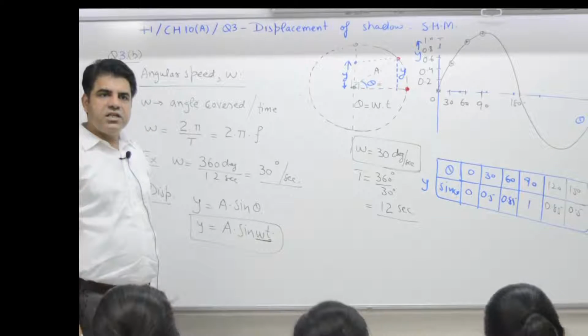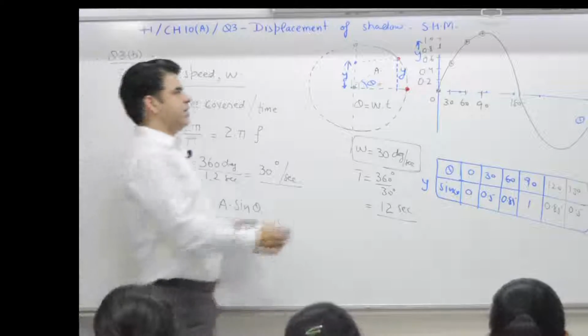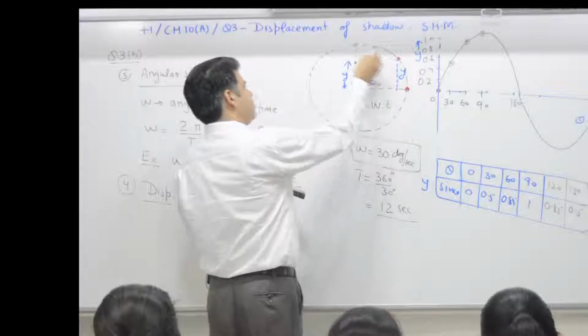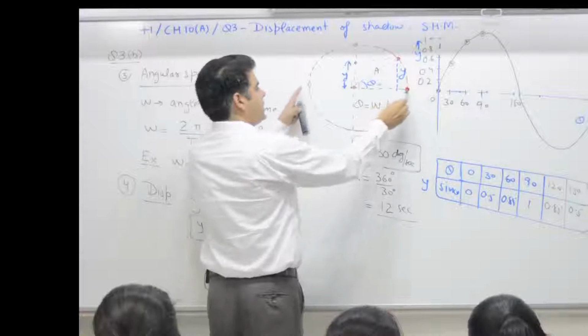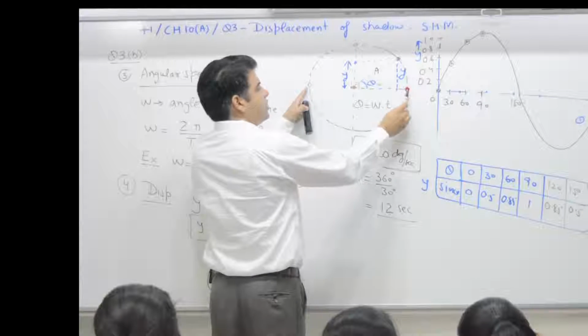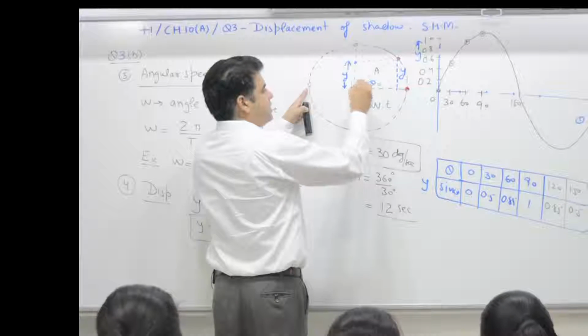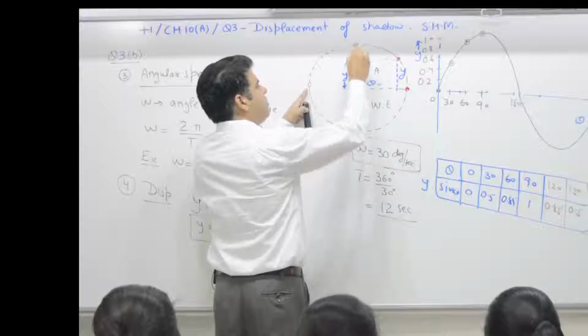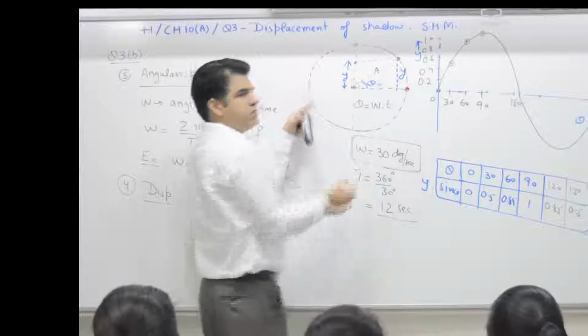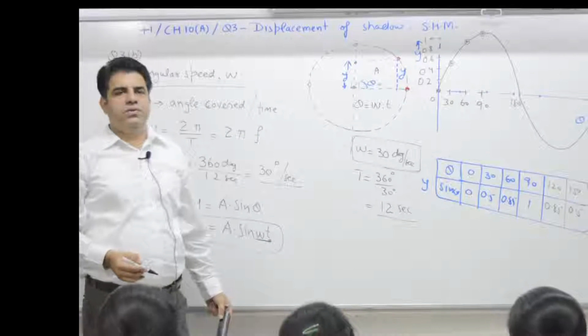In a circle, displacement has a different meaning. If the particle is at this position, it has reached the diametrically opposite position. Displacement of the particle is 2a. Agreed? But the shadow is moving up, then coming back to the same position. Displacement of the shadow is 0.